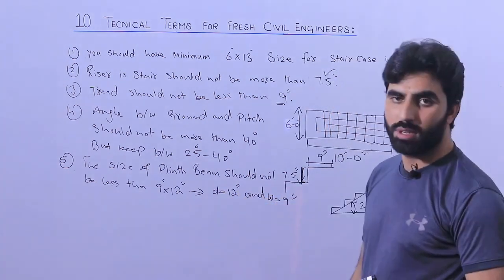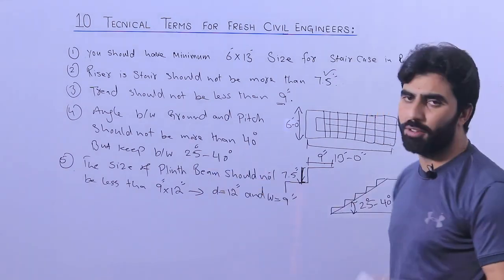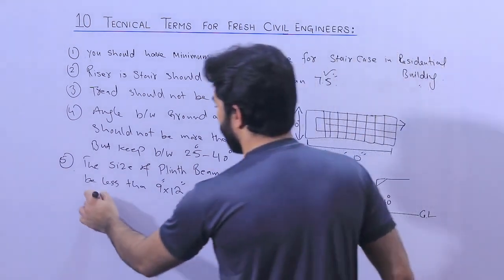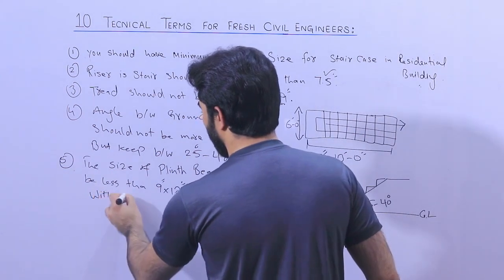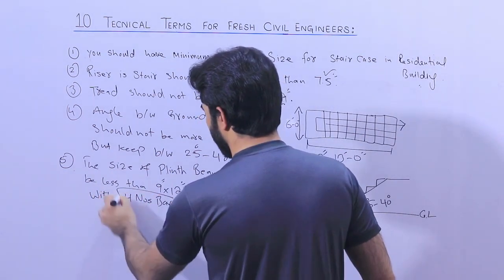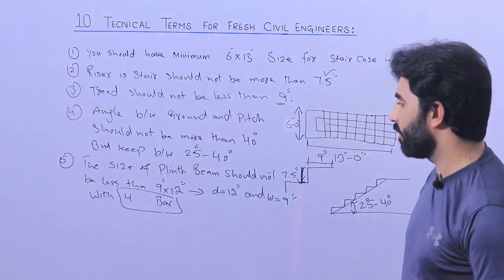This is the fifth one. It should not be less than this. So for a normal residential building for G+1, you can keep 9 by 12 inches, but remember one more thing, with a minimum of 4 bars.